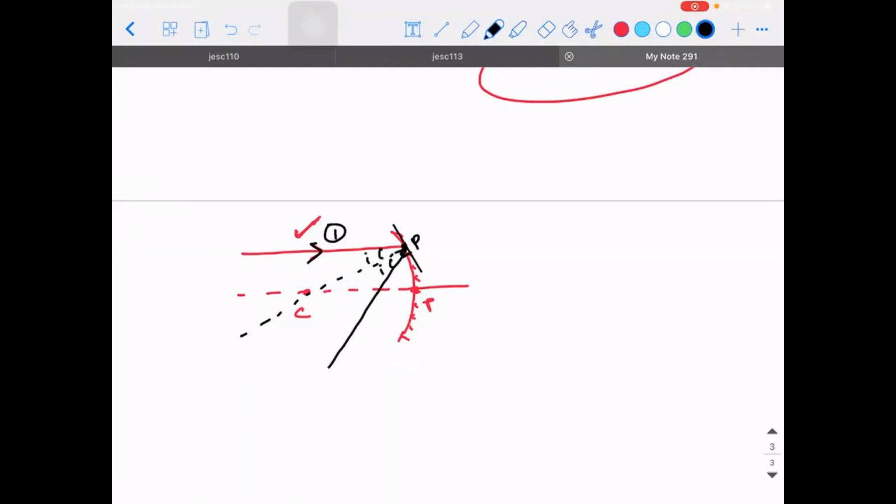I use this logic to get the reflected ray. But the ray diagram concept tells me I need another ray to locate the image. Where do I take it? Where is the other ray? I don't have it in my hand.